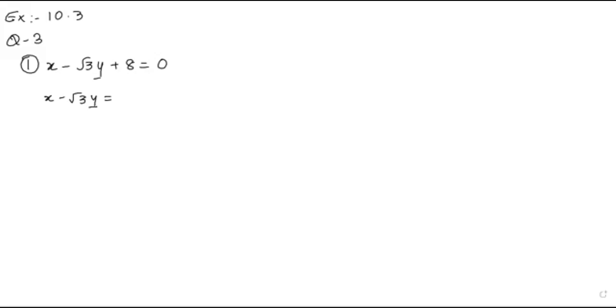So using transposition, I will take this plus 8. As this represents the perpendicular distance, this should not be negative. So if your constant is negative, then you should make it positive by multiplying with minus 1.